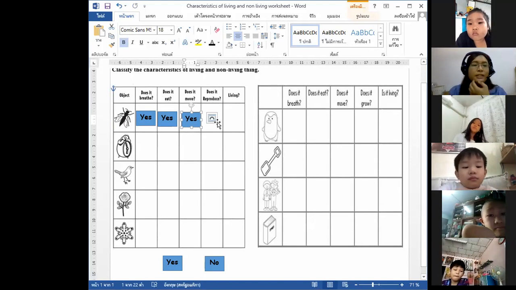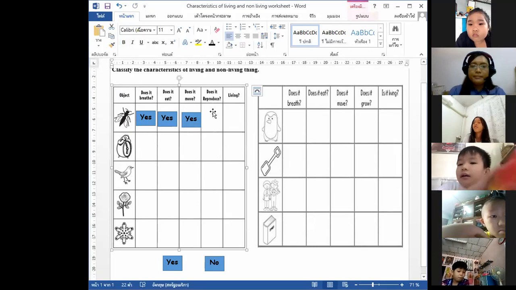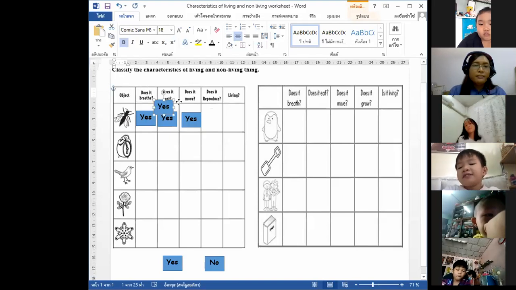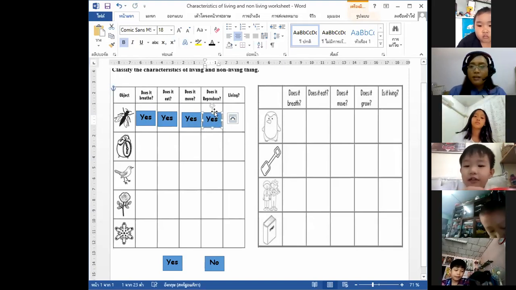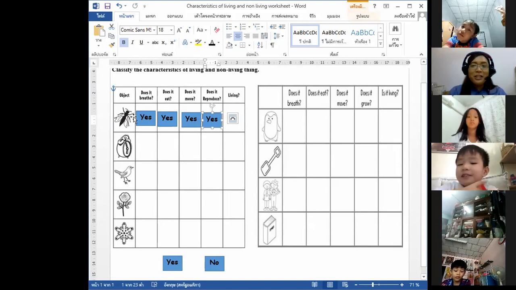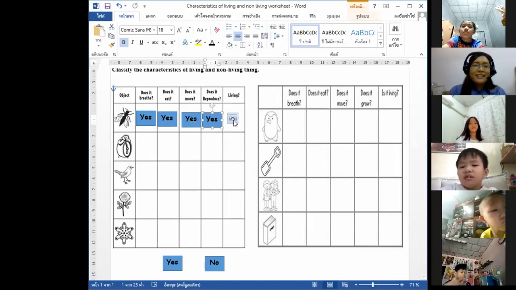Okay, number 4. Does it reproduce? Yes, it does. I never see a baby fly. Oh, really? Usually you can see this at the garbage. Yes or no? Okay, next.